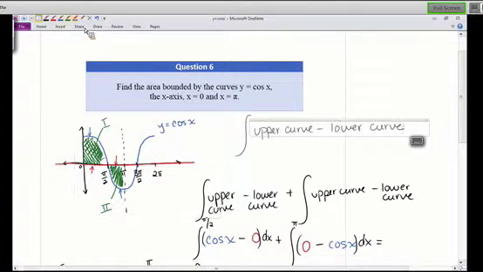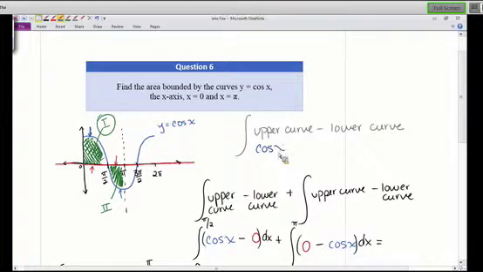So the first shaded region that I have here, our upper curve is our y equals cosine x. Now, still looking at the first shaded region, our lower curve is going to be y is equal to 0, which is the x-axis. So this is going to be 0. Is that clear? Now, it's the same idea for the second shaded region.